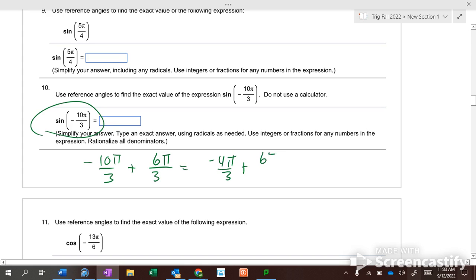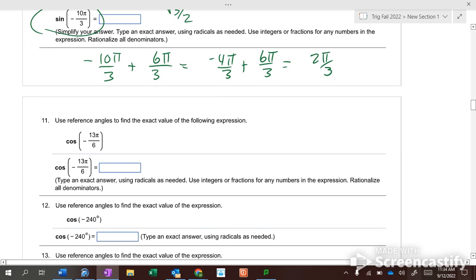Then I add another 6 pi over 3 to get 2 pi over 3. Then I just look at my unit circle. What is the sine of 2 pi over 3? Is it positive or negative? Positive, because we're in quadrant 2.